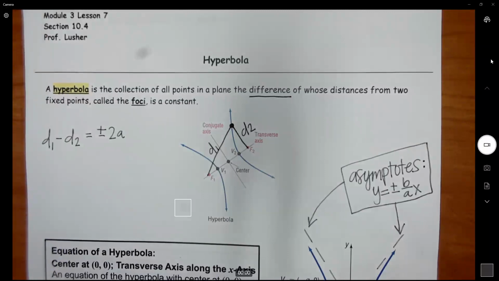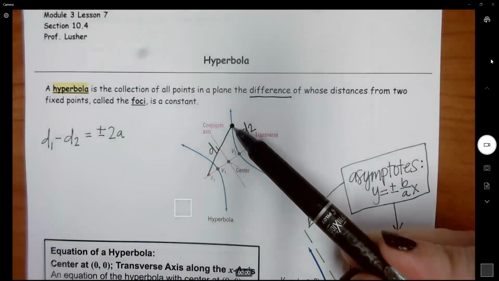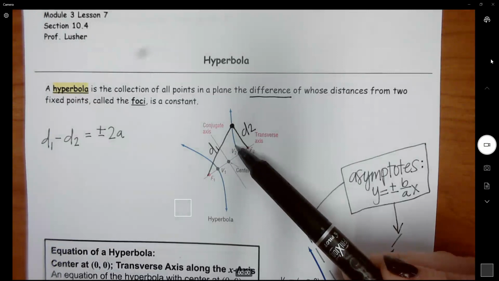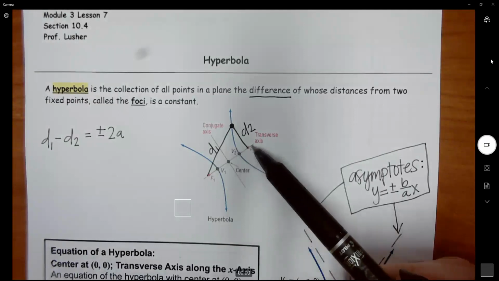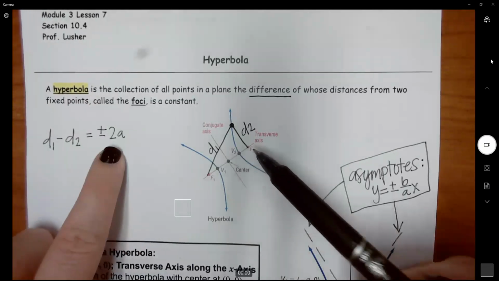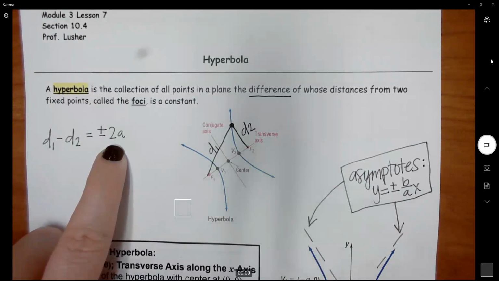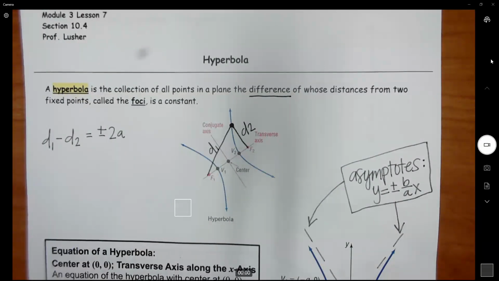Some textbooks will say the absolute value of 2a. No matter where that point is on the hyperbola, even down here, if you connect this point to here and to here and subtract the two, you get the exact same number. So again, that's not super important, but that is what the definition is stating.